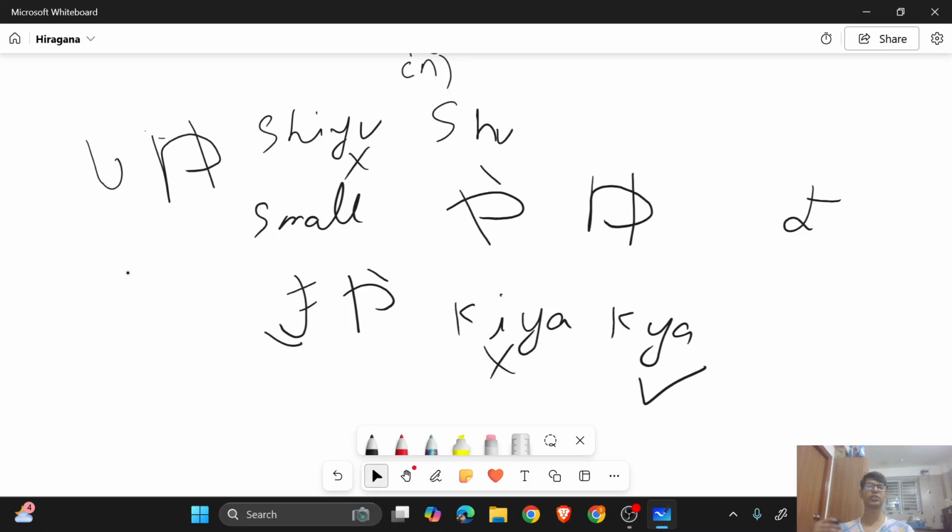It will be pronounced as shu. Then the last one is if we take chi and associate it with yo, then it will be pronounced cho. This lets us pronounce smoother combinations of sound.